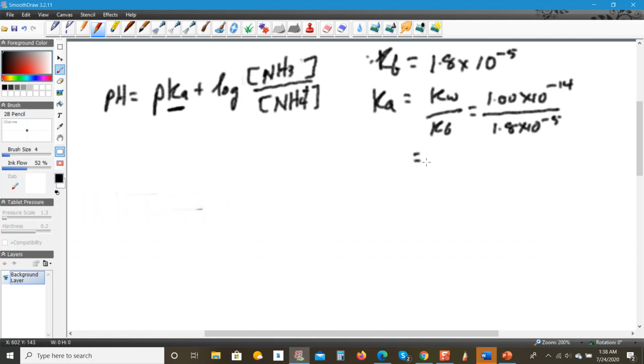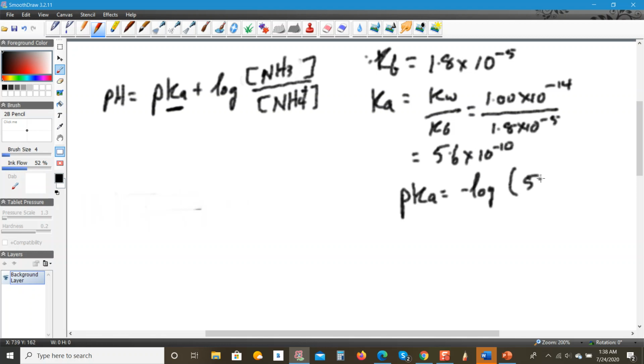So I got 5.6 times 10 to the minus 10, which means that pKa is equal to minus log of that same number, 5.6 times 10 to the minus 10. So let me do that on my calculator, and I got the answer being equal to 9.26.